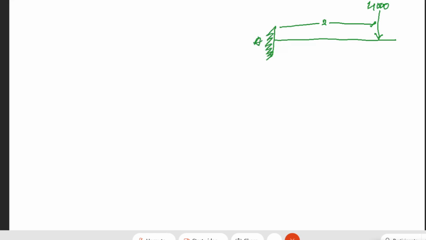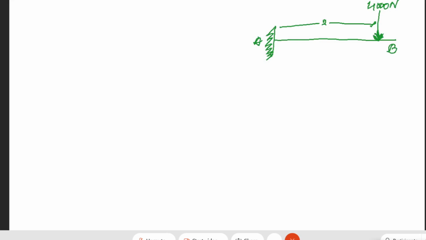Now we need to understand that here the concentrated load or point load is being applied, and it is always understood that it acts over a very small area on the actual beam. We know the load carried by this cantilever has an intensity of 4,000 Newton.